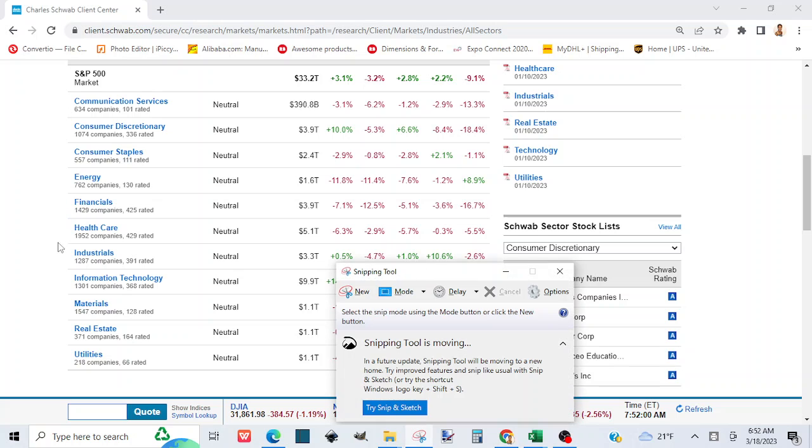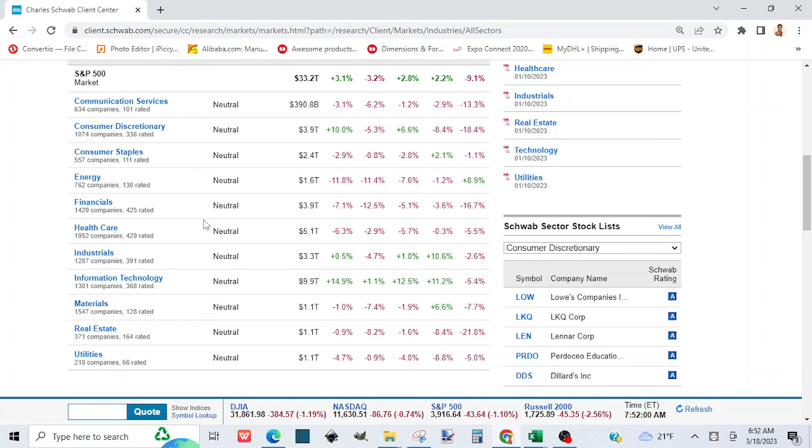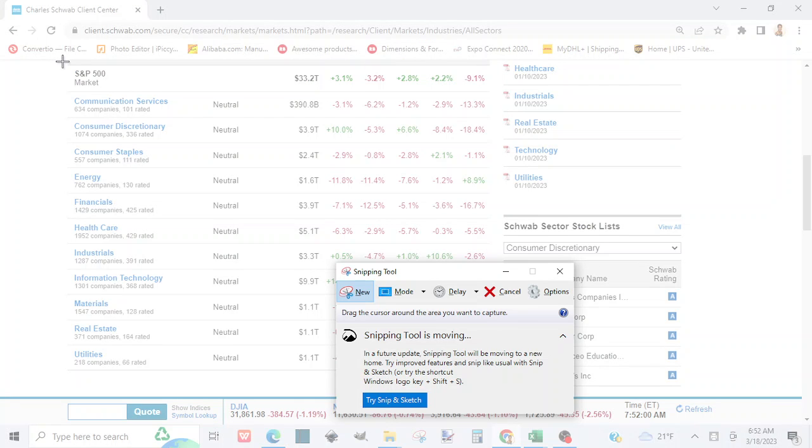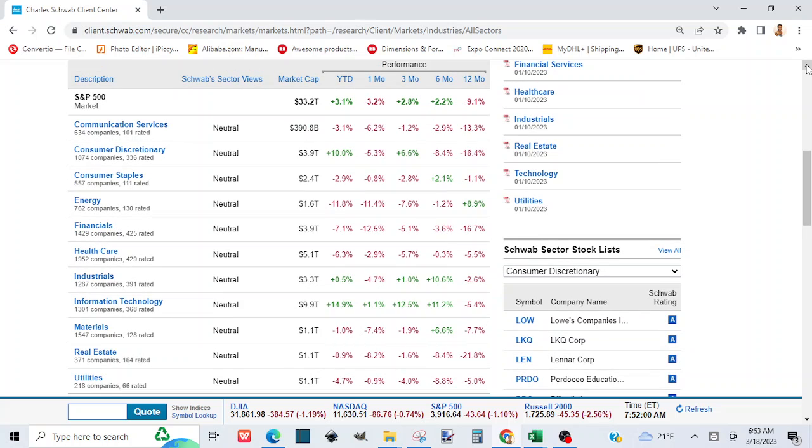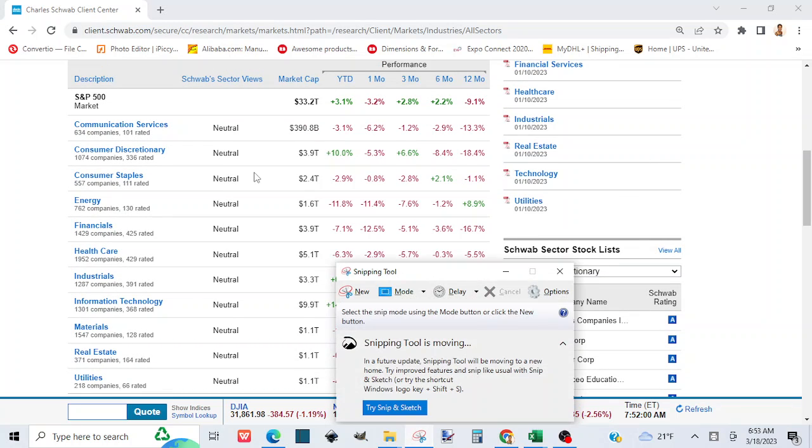And you can record them in a spreadsheet, and you can use them to look for companies within those sectors.